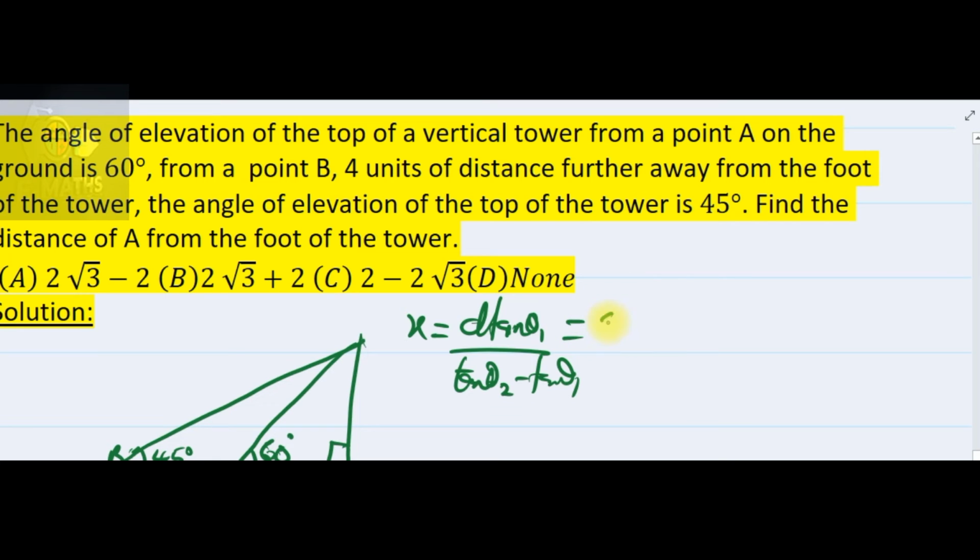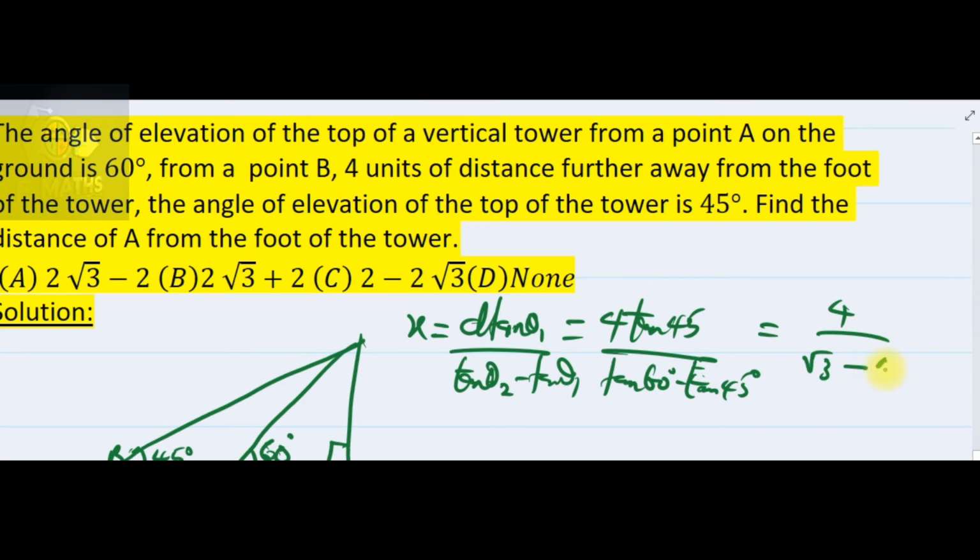So we have 4 tan 45 over tan 60 minus tan 45, and this is 4 because tan 45 is 1, so this is root 3 minus 1.